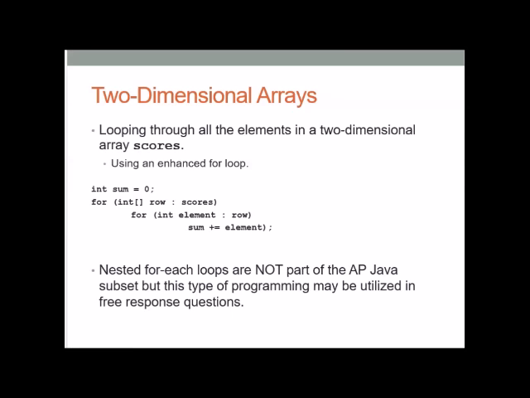Looping through all the elements, you could also do this by using an enhanced for loop. This is not in the AP subset, but you can use it on an FRQ. What's nice about an enhanced for loop is that you don't have to deal with all three different sections of your for loop. You don't have to do your stepper variables, meaning int r = 0.